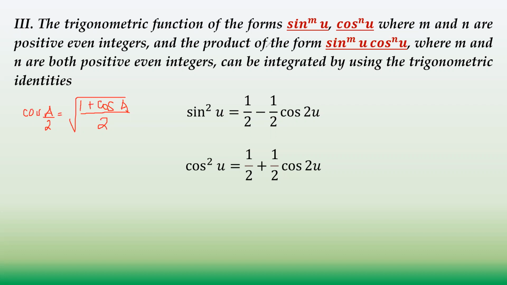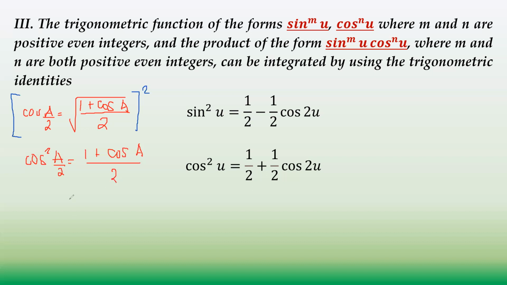Then, ang ginawa dyan is square mo yung equation natin on yung both sides. Kaya magiging cosine squared dito kabila. Cosine squared A over 2 equals, cancel tong si square root. Kaya magkakaroon ka ng 1 plus cosine of A all over 2.